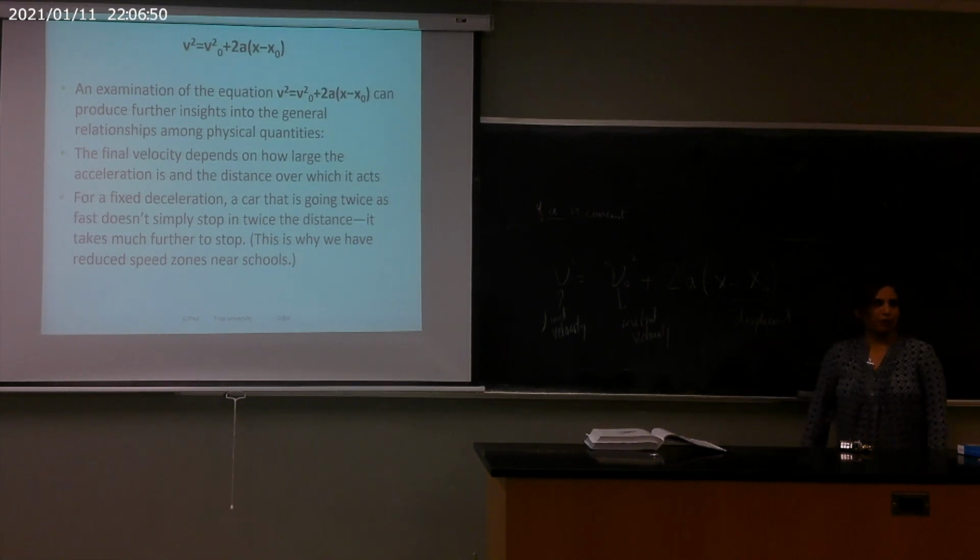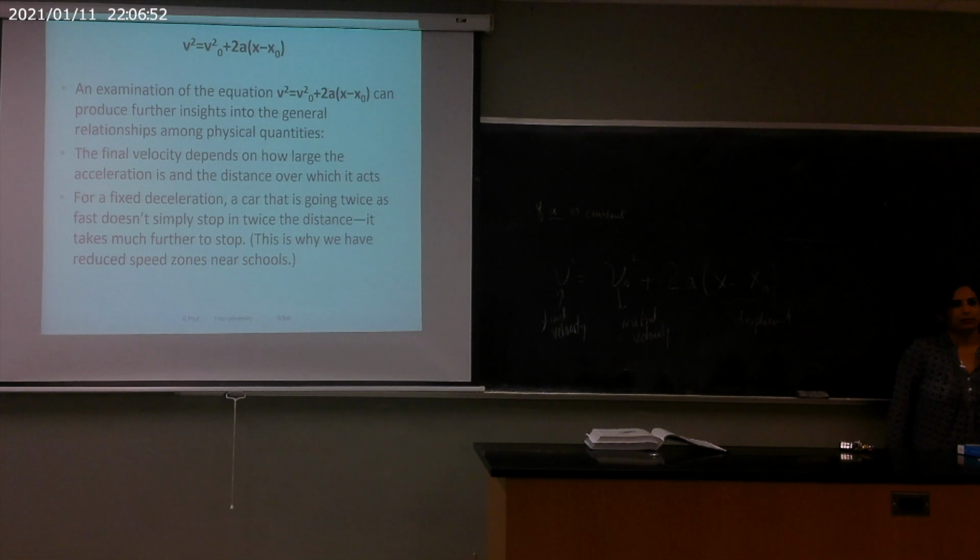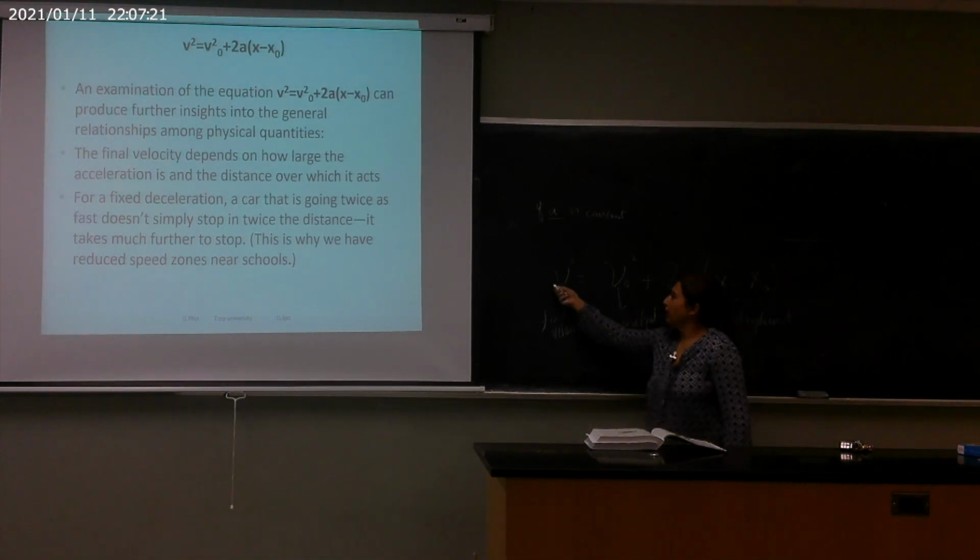What if the acceleration is 0? Does that make sense? If acceleration is 0, what does that mean? That means velocity did not change, right? So final velocity should be equal to initial velocity.